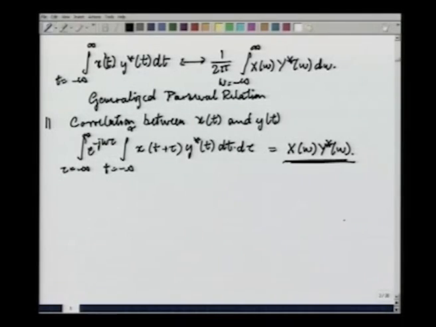This is a product of x omega and y star omega. What is the inverse transform of x omega? The inverse transform of x omega is x t, and the inverse transform of y star omega, what is it? Remember that y star t would give you y star of minus omega. So, y star of omega will give you y star of minus t.